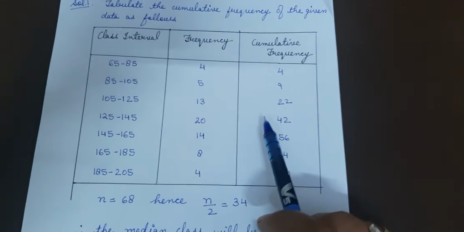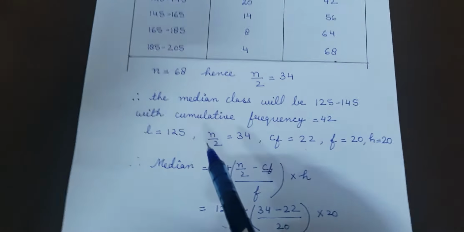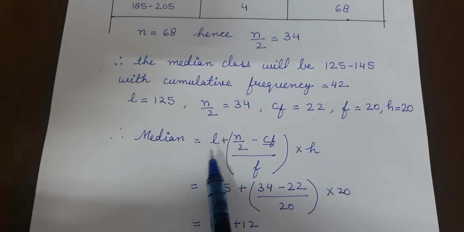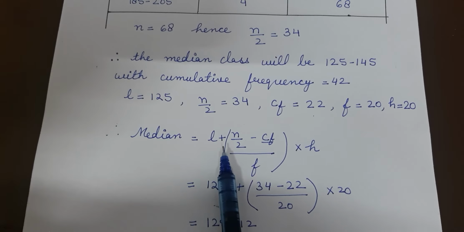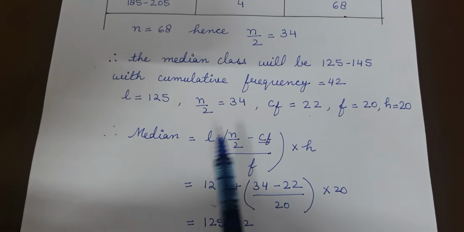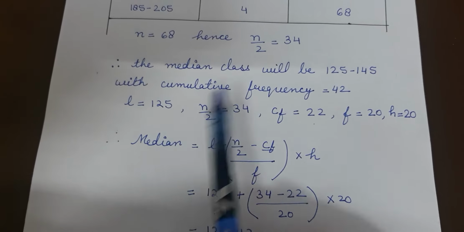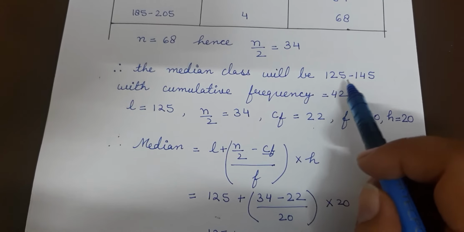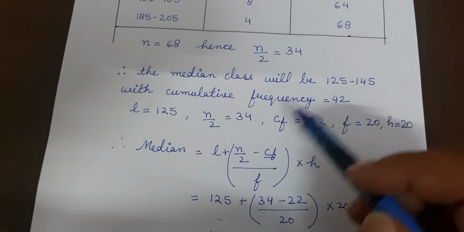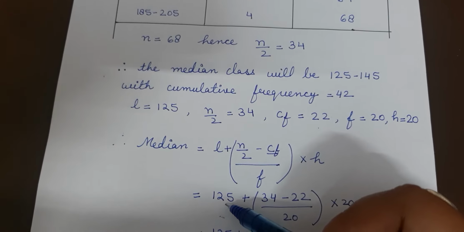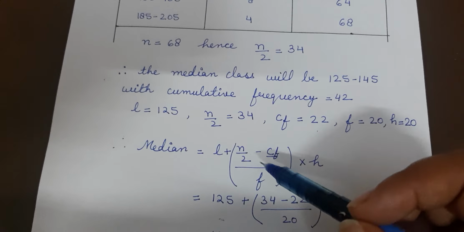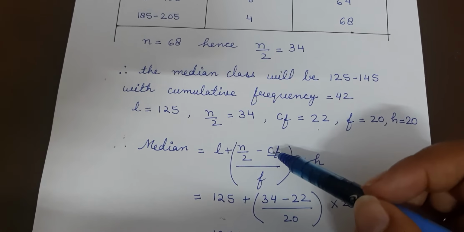If we have to put these values in our formula, the formula for median is equal to L plus n by 2 minus Cf upon f into h. The lower limit of our class interval 125 to 145 is 125, so the value of L is 125. We put n by 2 as 34.